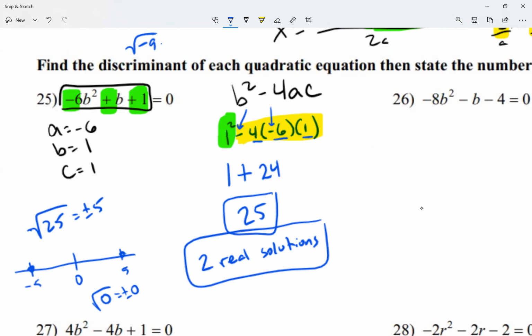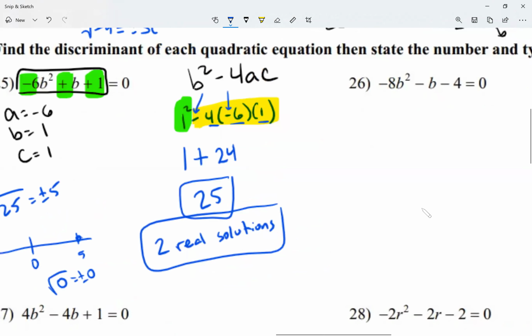It's going to be positive or negative 3i, and i stands for imaginary. And yes, we're going to be able to get square roots of negative numbers as long as we use imaginary values. So if my discriminant is negative, my answer will be two imaginary solutions.